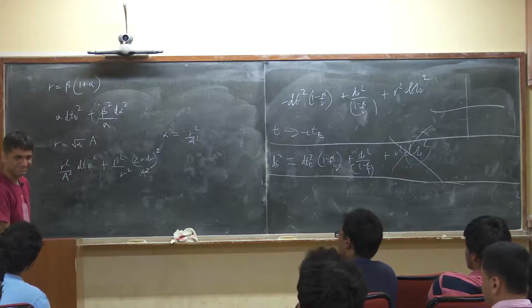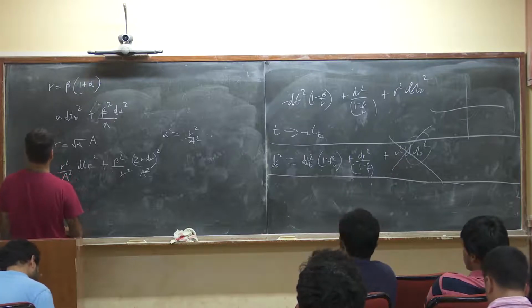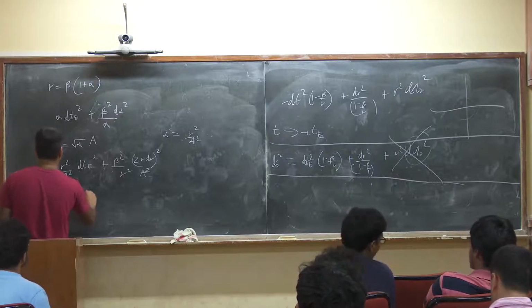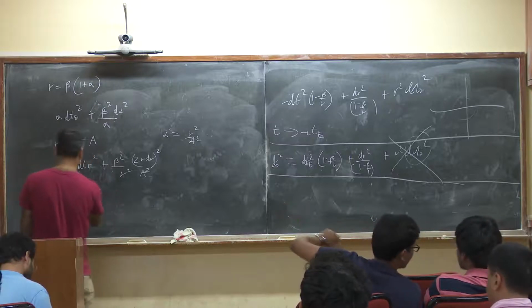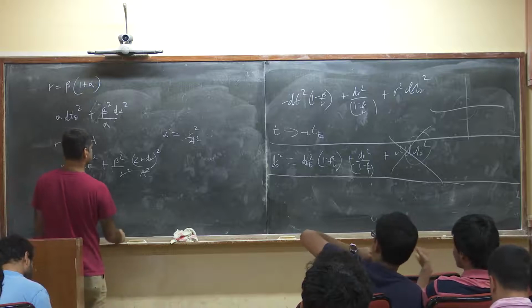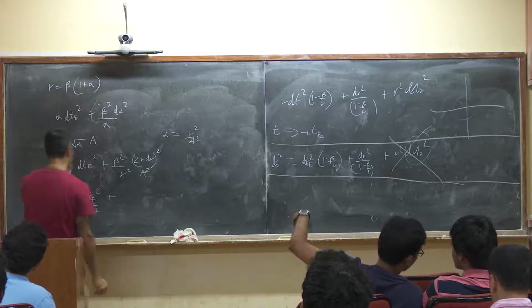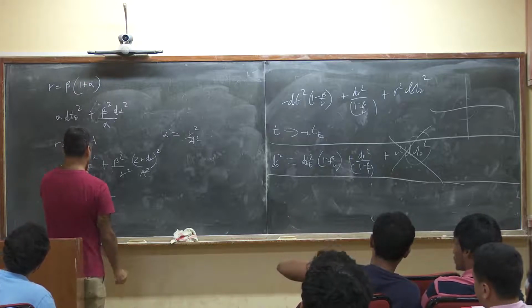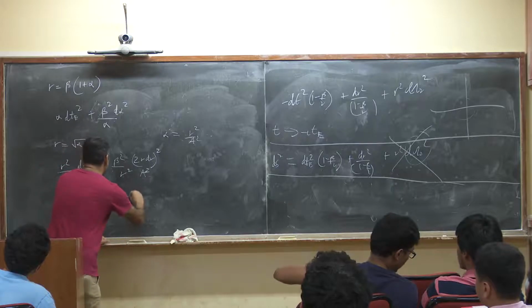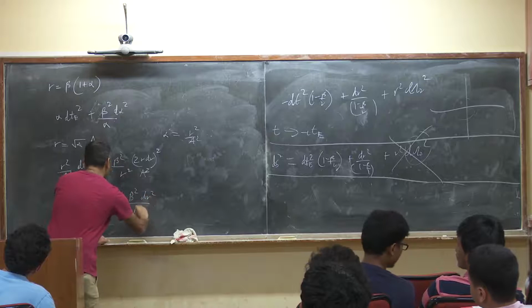So that will be r squared dt squared by a squared plus 4 beta squared dr squared by a squared.